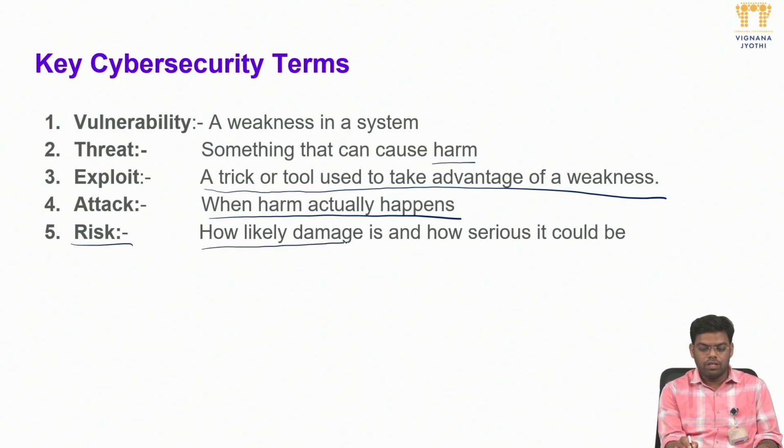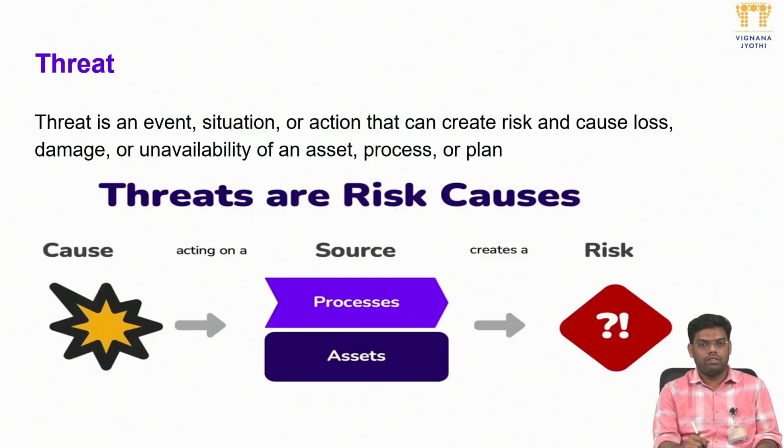Next, what is risk? How likely damage is and how serious it could be. What is the severity of the damage? What is the severity of the attack? Okay, that's about the risk. Next, what is threat here? Threat is an event, situation, or action that can create risk and cause loss, damage, or unavailability of an asset, process, or plan.